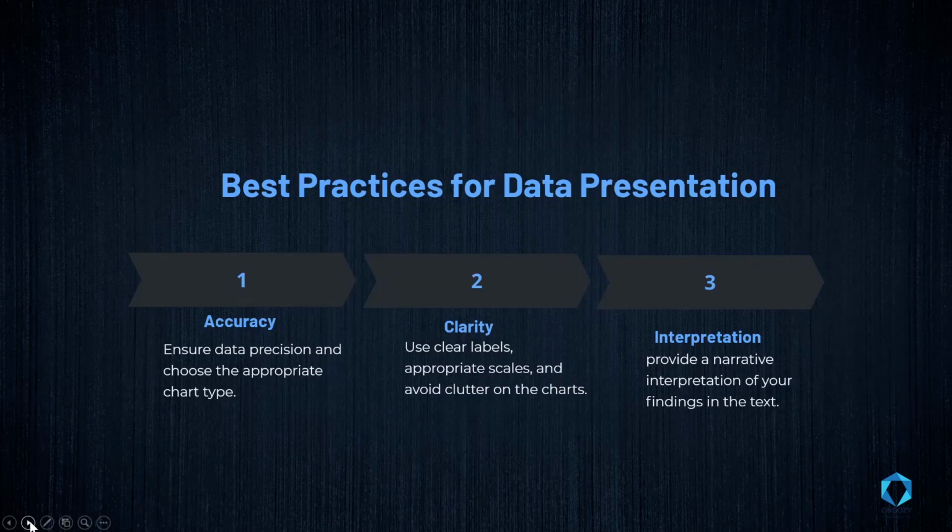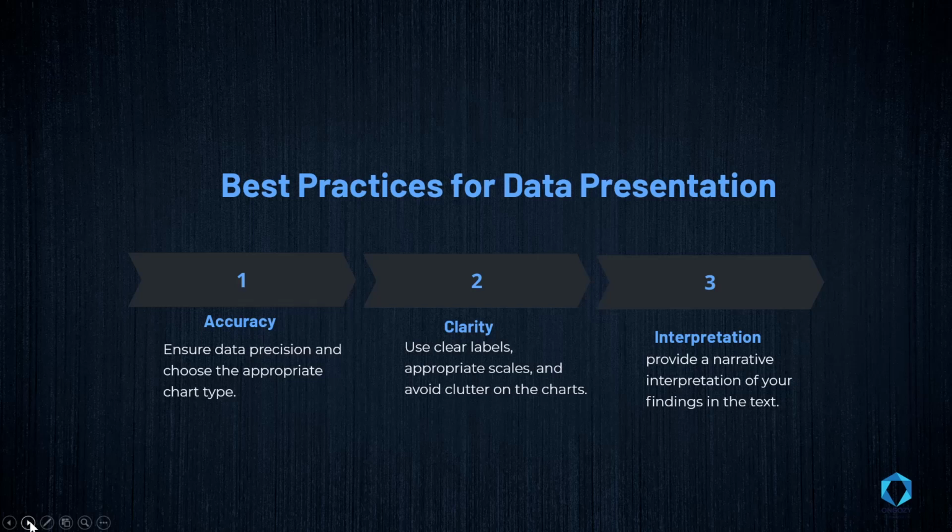Let's look at some best practices for data presentation. Number one, accuracy. Your data should be precise in that you choose the right chart, the right graph, the right figure to represent your data. And then there's the issue of clarity. Make sure you have clear labels, appropriate scales, and avoid clutter on the charts. Then interpretation.